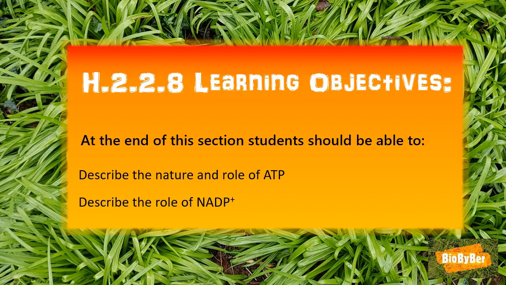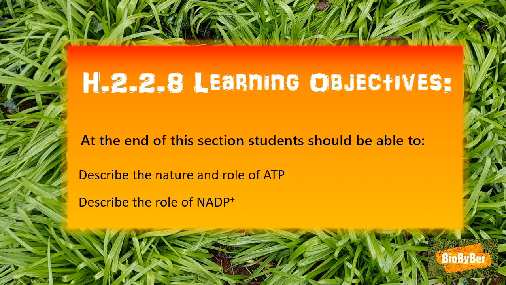At the end of this section and following the biology syllabus, you should be able to describe the nature and role of ATP. Describe the role of NADP+. What does this actually mean? What are we trying to learn?